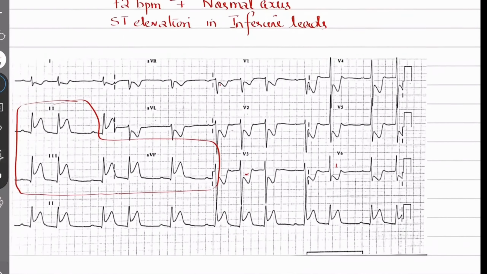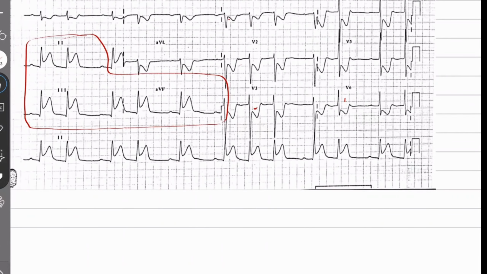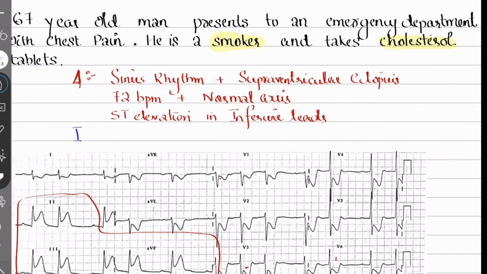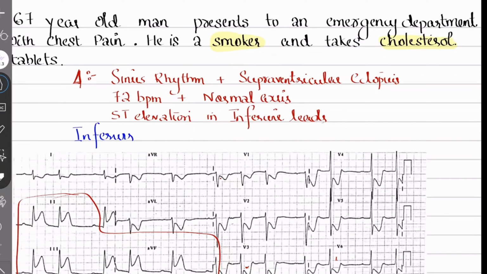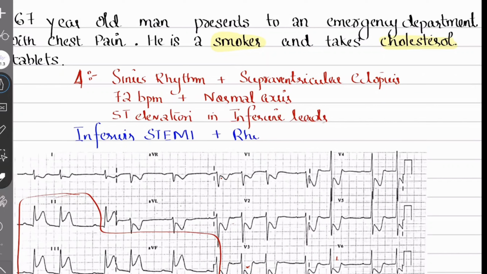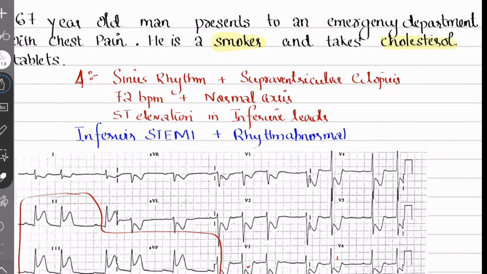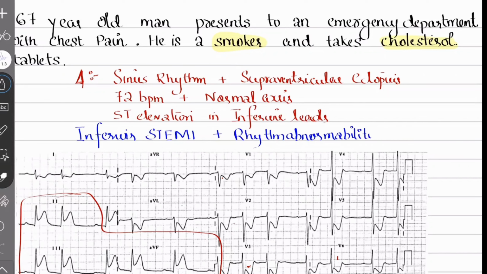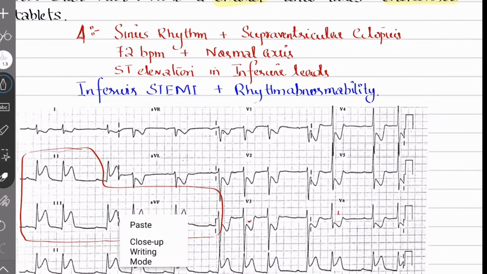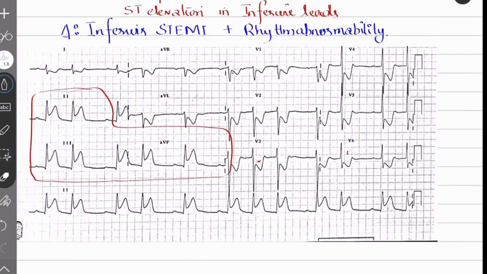Since it is an ST elevation MI in the inferior leads, which means this is an inferior MI, an inferior ST elevation MI with rhythm abnormality. Inferior ST elevation MI with rhythm abnormality.